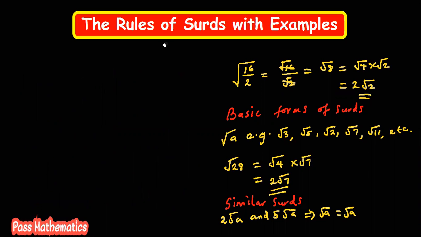Right. So let's take an example. For instance, if we have 6 root x, and let's say 3 root x.